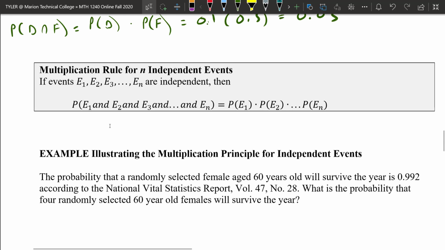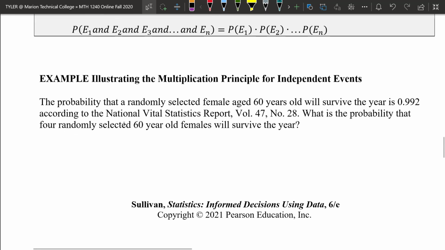An example of that: the probability that a randomly selected female age 60 years old will survive the year is 0.992, according to the National Vital Statistics Report. What is the probability that 4 randomly selected 60-year-old females will survive the year?